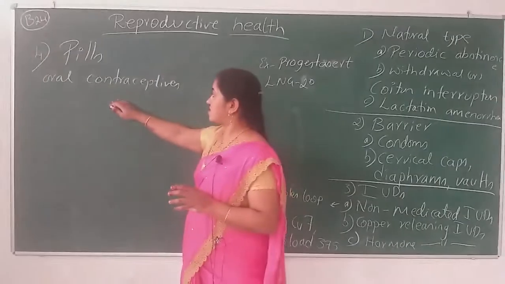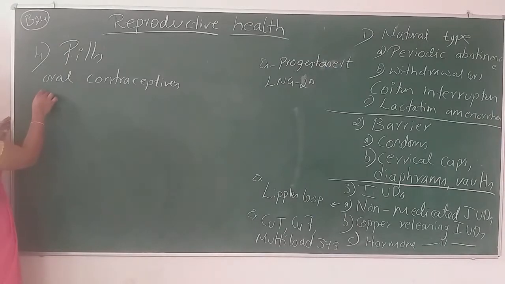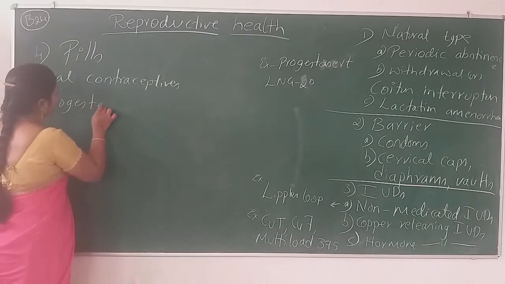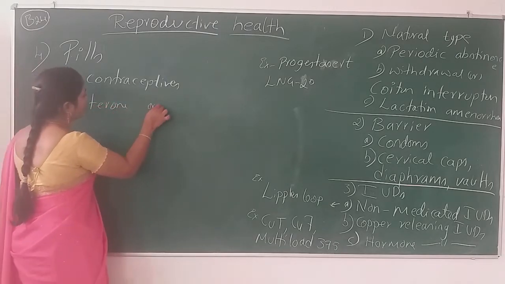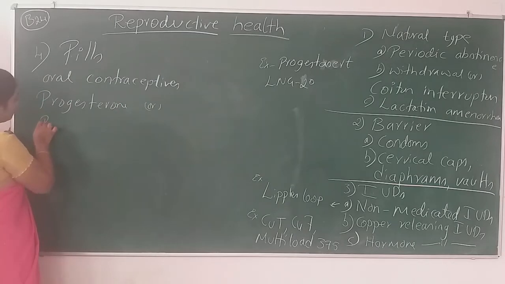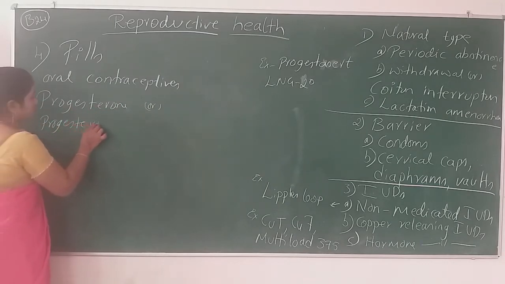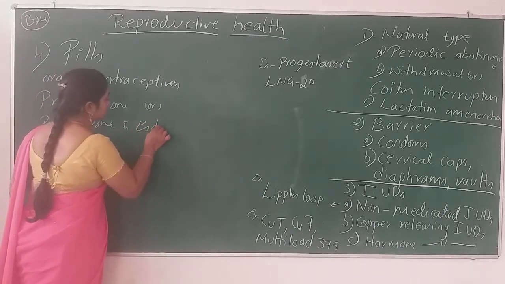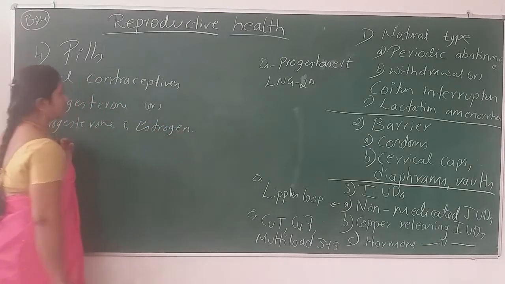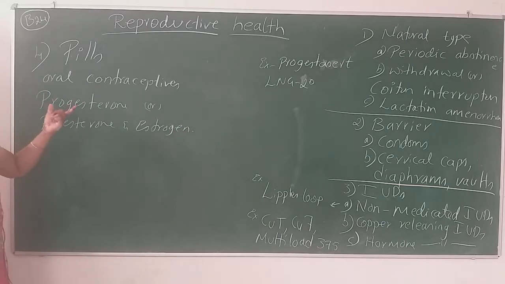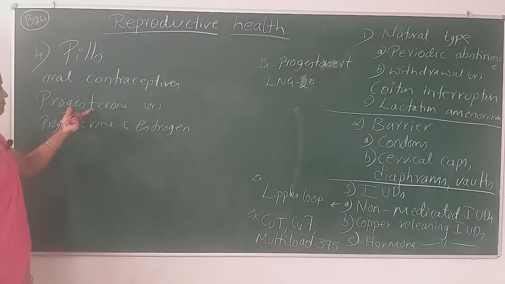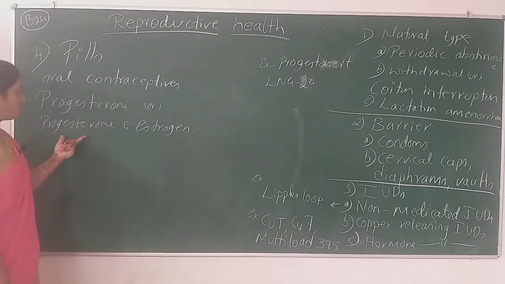Oral contraceptives are made of progesterone or a combination of progesterone and estrogen. These are the hormones. The base of the pills will be progesterone or a combination of progesterone and estrogen.